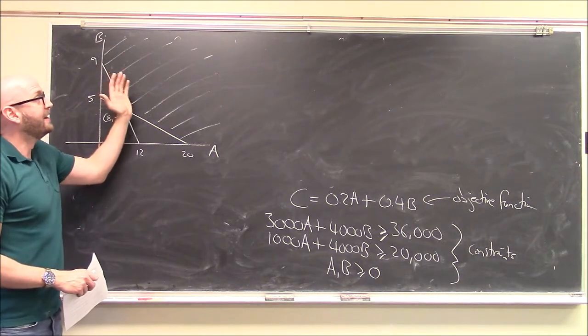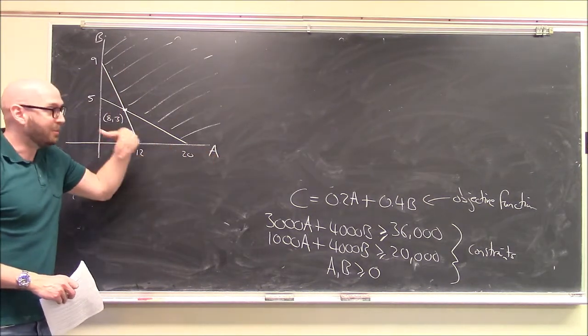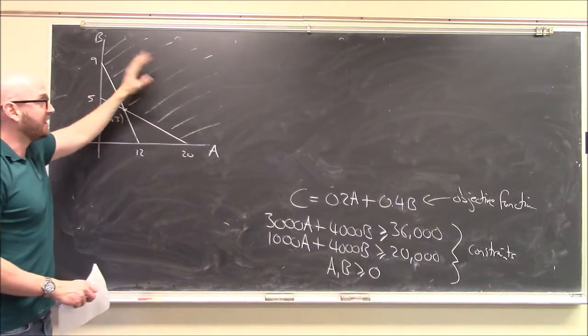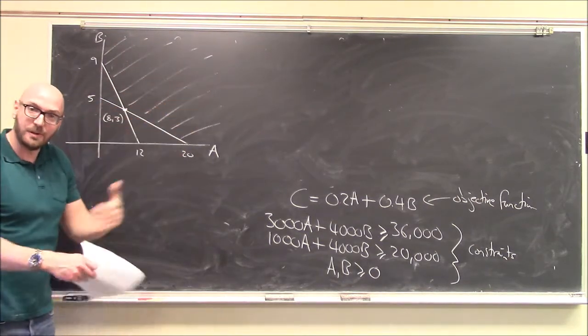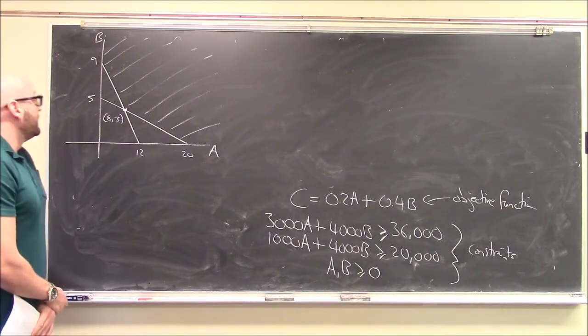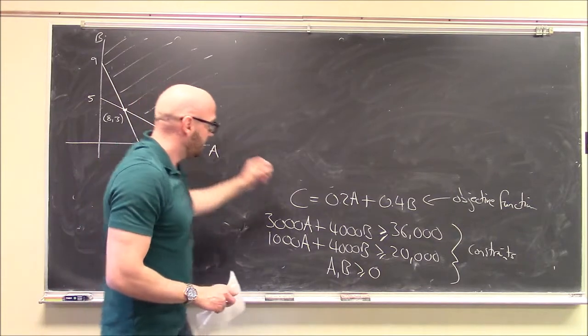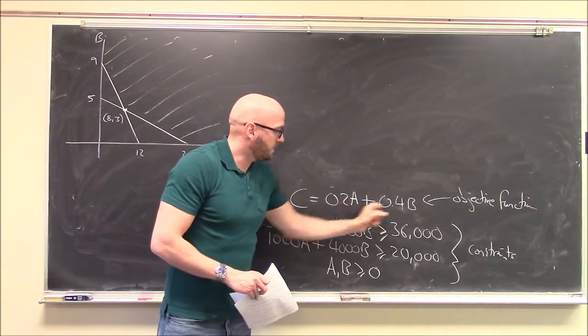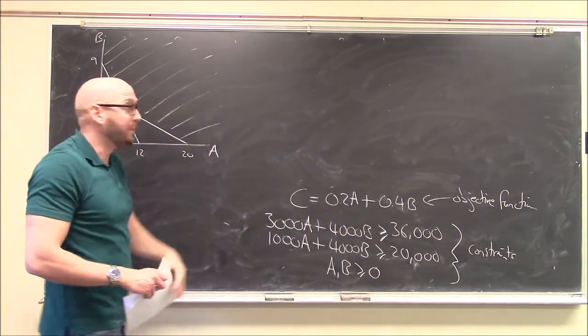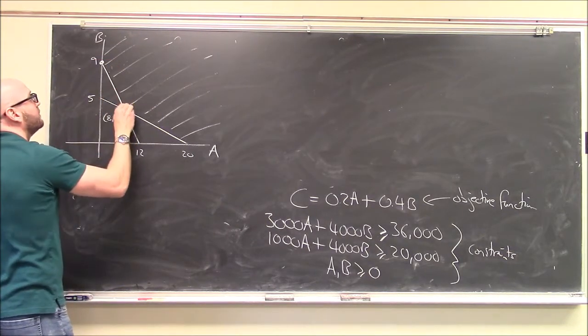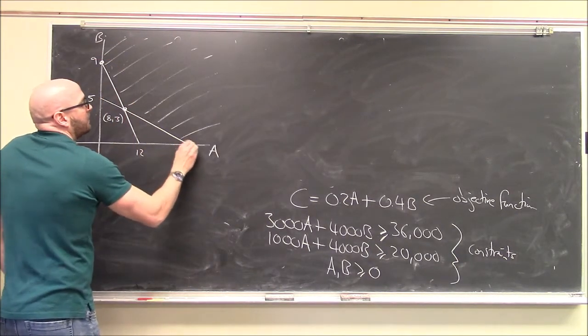We can buy as much mix A as we want, as much mix B as we want, and just feed our chickens infinite amounts of food, I guess, and that would, of course, raise our cost to infinite levels. But it's unbounded, and because these coefficients 0.2 and 0.4 are both positive, we know a minimum exists, and the minimum is going to exist either at this corner point or this corner point.